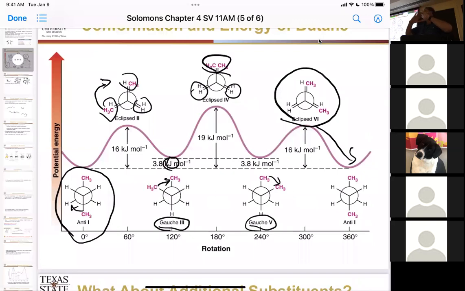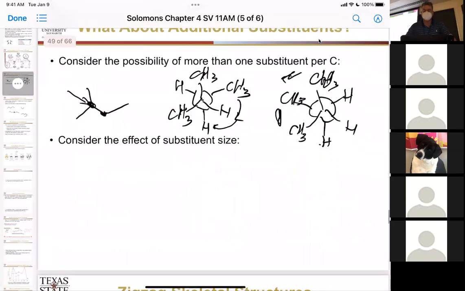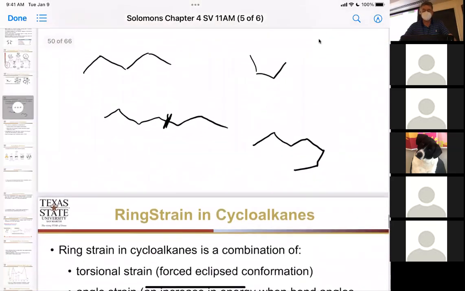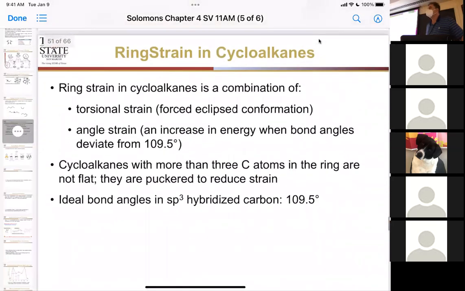The carbon in the back is represented by that circle, and then the things coming off it are the three things bonded to it, besides the carbon-carbon bond we're looking down. So we saw that there were different types of interactions: eclipsed, gauche, and anti. And we figured out that the anti configuration is our lowest energy configuration because it has the fewest things butting up against each other.